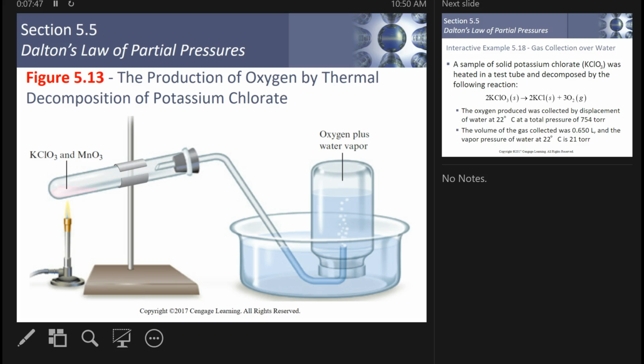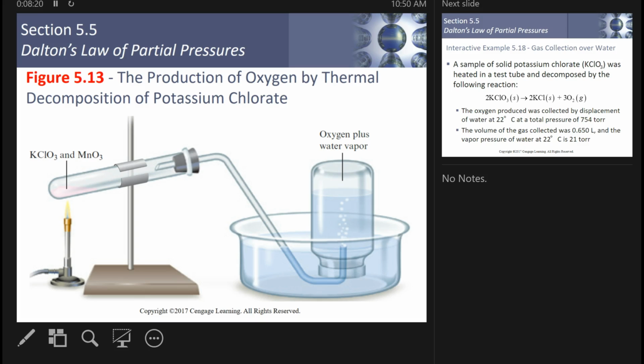So we're basically bubbling the gas into water, and then we're collecting that gas. But as you are doing that, there's also water vapor being produced. When you measure the pressure of the total system, the pressure of the water vapor needs to be removed to find the pressure of the actual gas you're working with. Are you with me? Yeah.